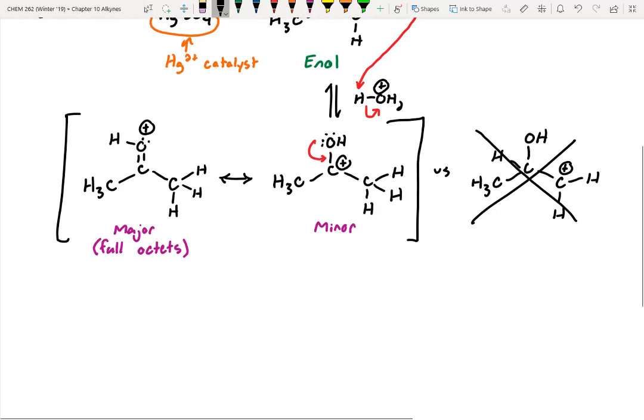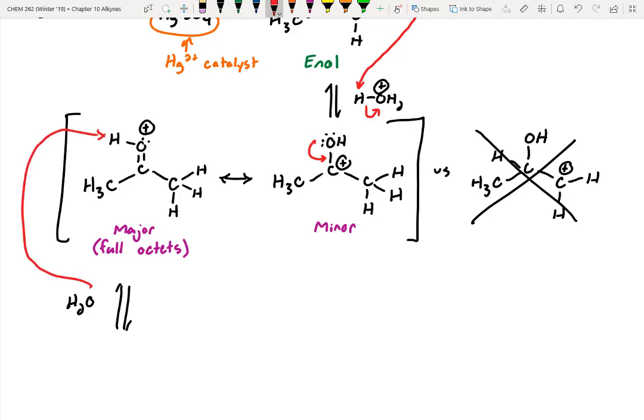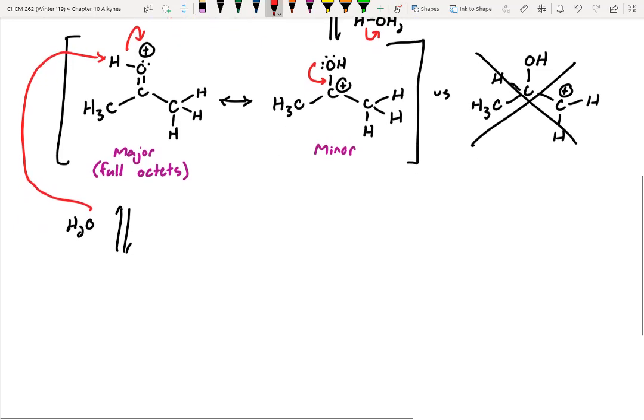We still have water floating around. We don't like having a charged intermediate, so what do you think the last step is going to be? Deprotonation. So water can grab this proton, dump electrons onto that oxygen.